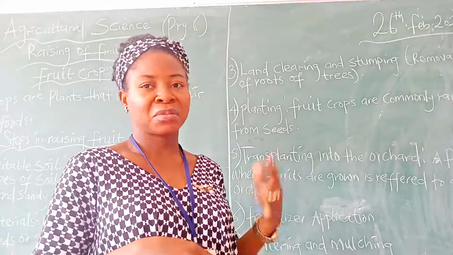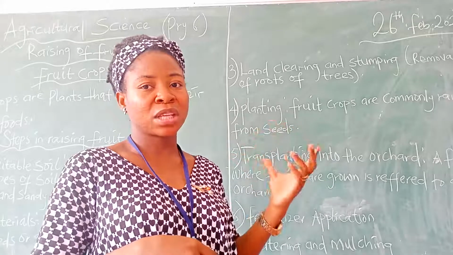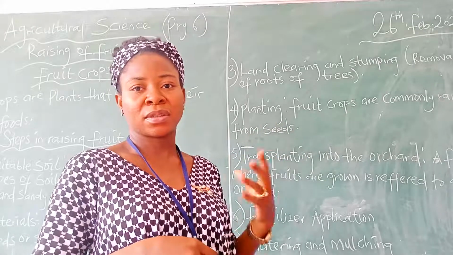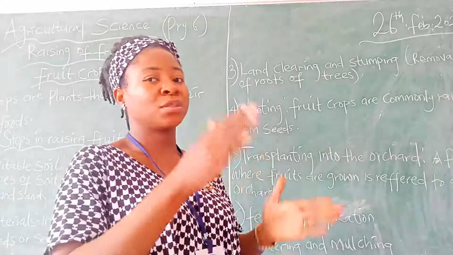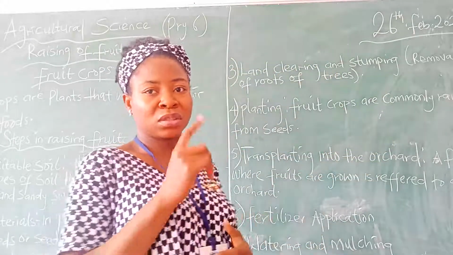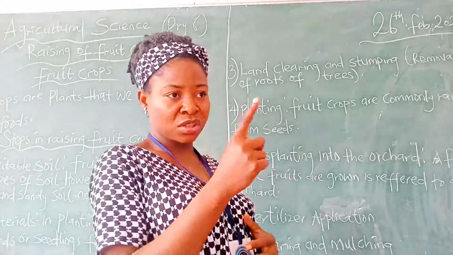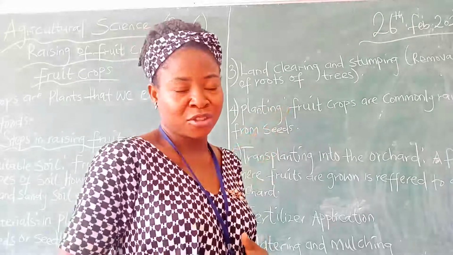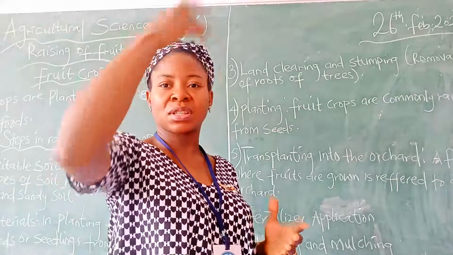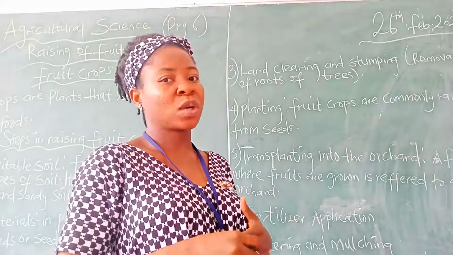We have pineapple orchard, mango orchard, pear, guava. That is when you have it in bulk, when you have so many. You cannot plant one guava and say, this is a guava orchard. So when you have it up to 15, 20, thereabout, that is when you can call that place an orchard.